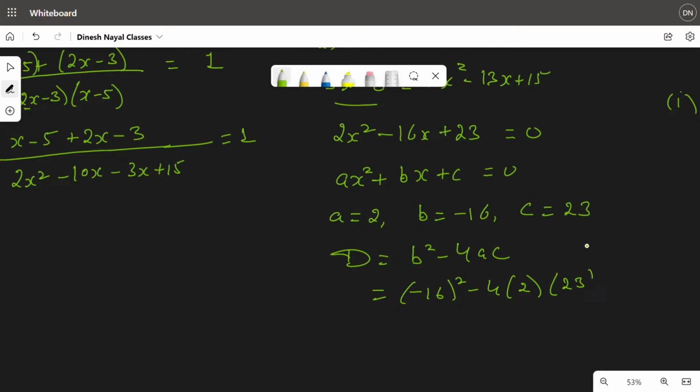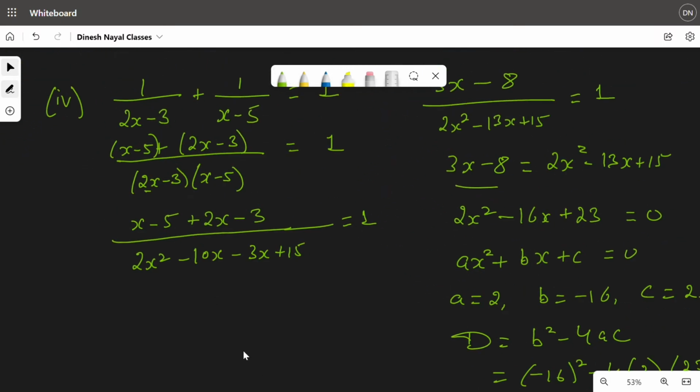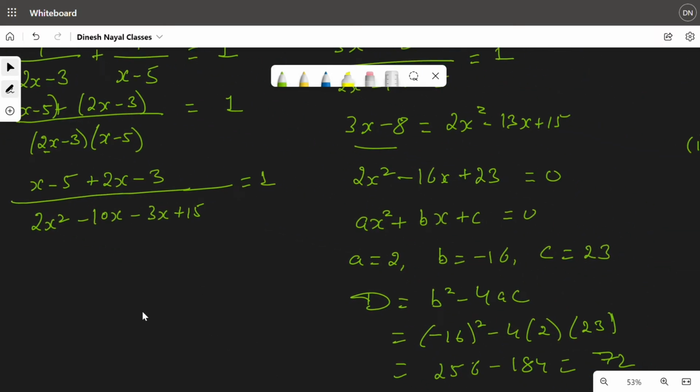Minus 16 whole square is 256, and minus 4 into 2 into 23, that's 184. So 256 minus 184 equals 72. So d is 72, greater than 0, hence it has two real roots.